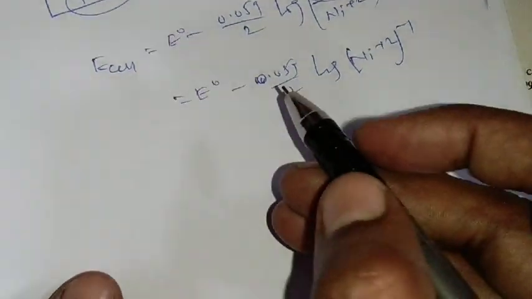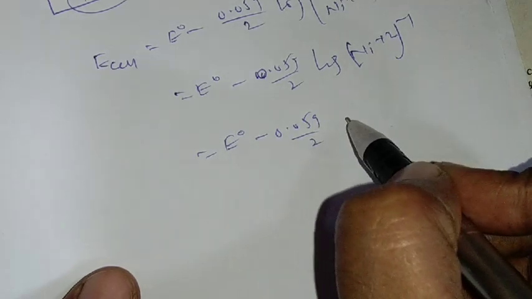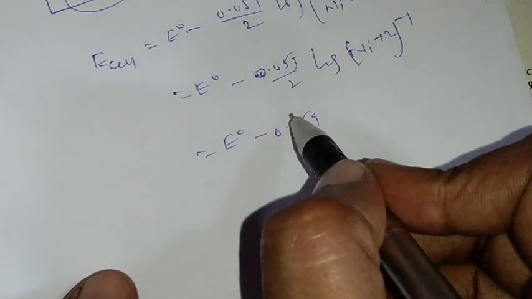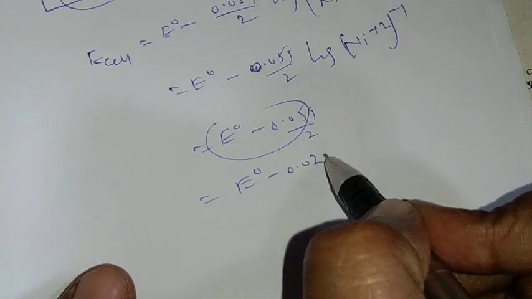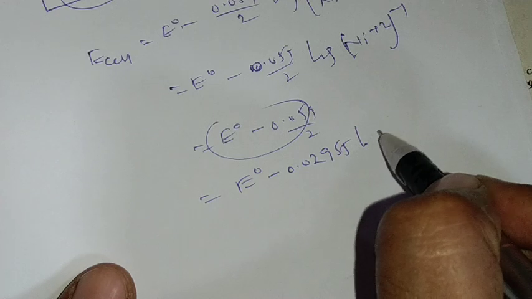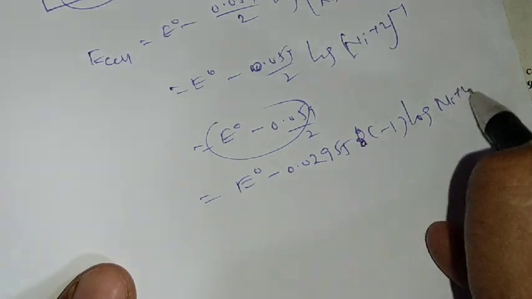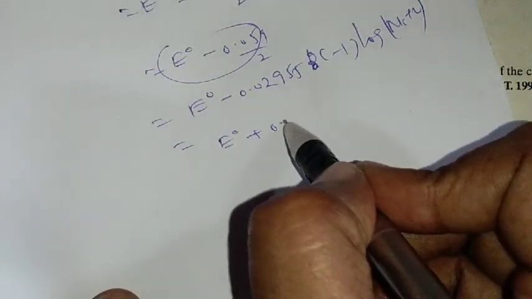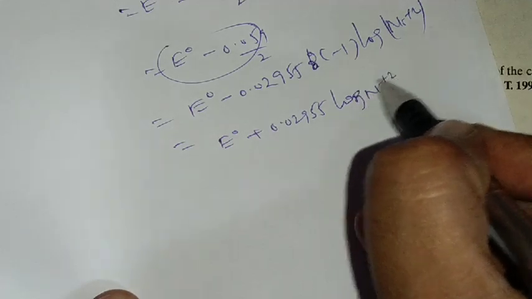Now E0 minus 0.059 by 2, if you simplify, E0 minus 0.02955 into minus 1 log Ni2+. If you multiply these two, E0 plus 0.02955 log Ni2+. Okay, this is the EMF of the cell.